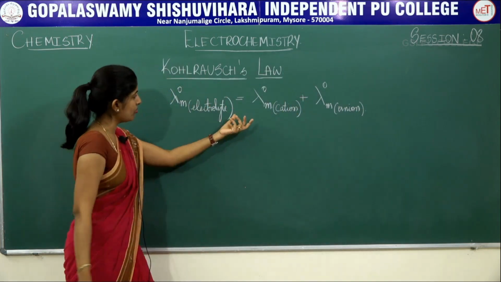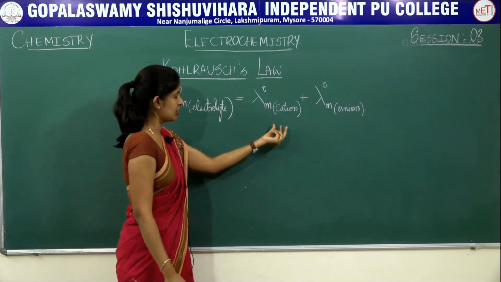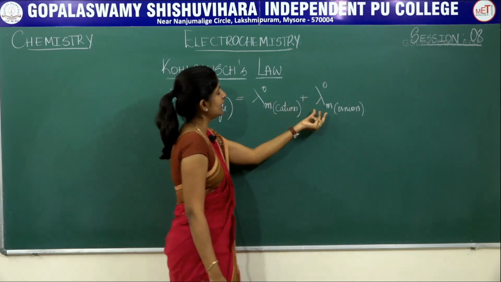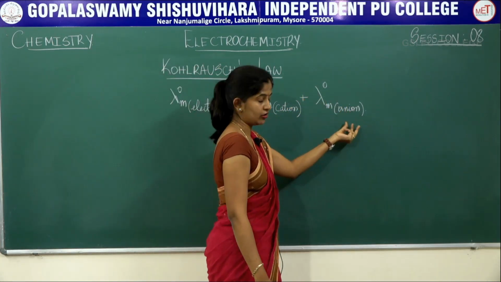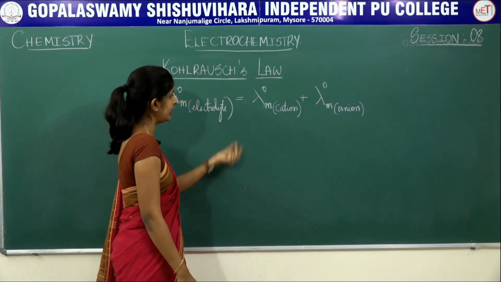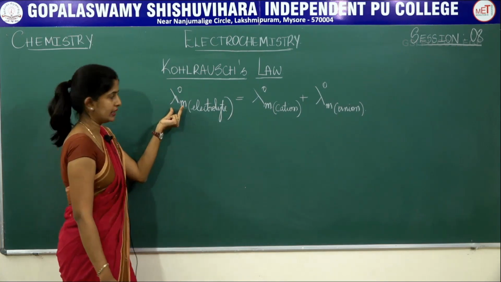That is, it is the sum of the limiting molar conductivity of the cation and of the anion.